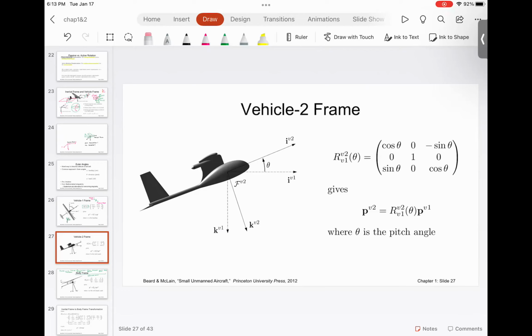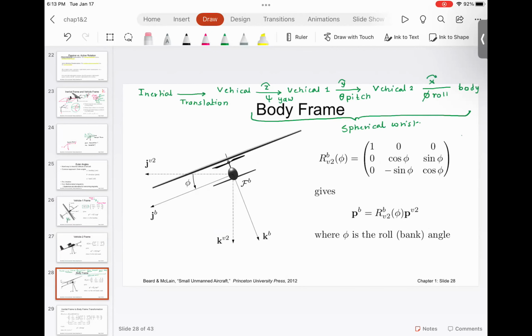As you can see, we have 1 in the second row indicating that the rotation is about y, and that is the rotation matrix regarding y. Then we have the third rotation, which is the rotation about x, which is roll. As you can see, the first row has 1, which indicates the rotation about x.